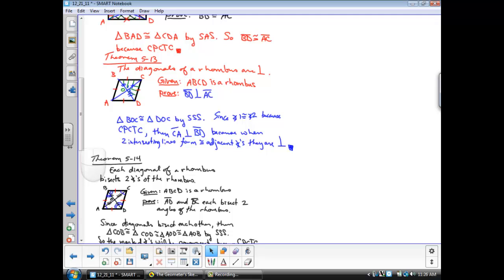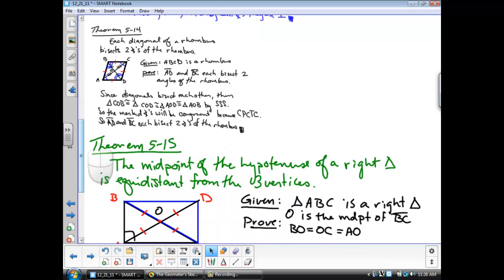The diagonals of a rhombus are perpendicular. Theorem 5.14 gives us another property that's specific to a rhombus. The diagonals of a rhombus bisect 2 angles of the rhombus. Each of the diagonals bisects the 2 angles that they go into.